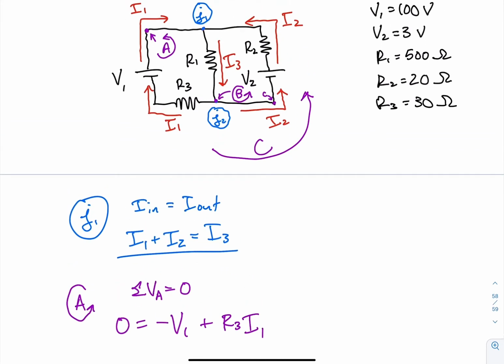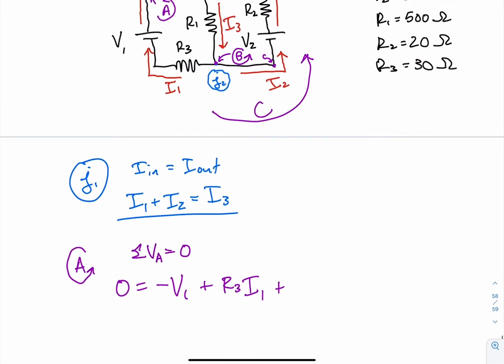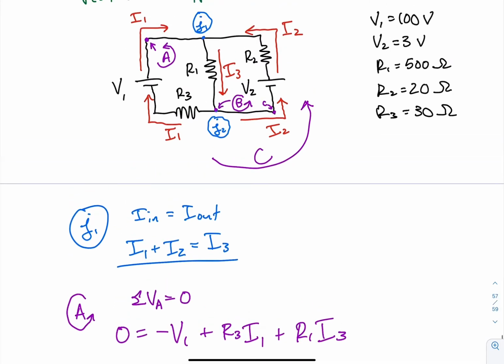Then we continue on. We have to go up through R1 to continue on loop A. We're going up and the current was drawn going down, so we have to add another voltage drop, R1I3. I think that's it for loop A. If we get back to junction 1 and turn left, we end up where we started.